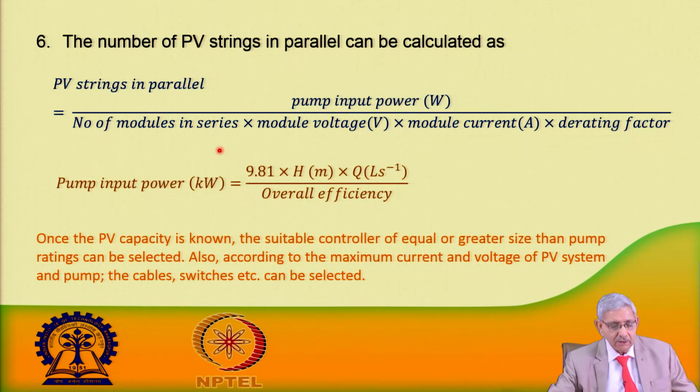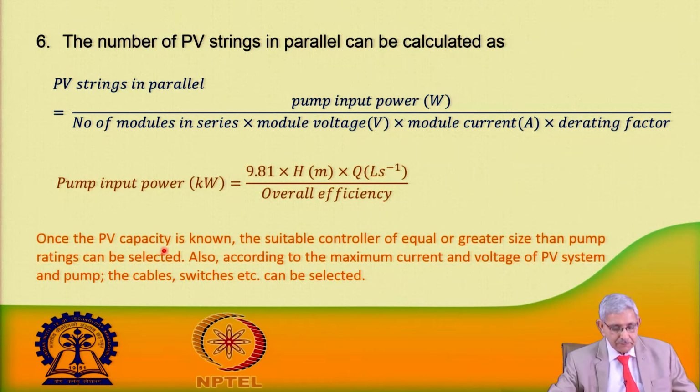So, one can find the number of strings in parallel, and then the power input in kilowatt can be given by this expression, which we also gave you when we were designing the sprinkler system: 9.8 multiplied by the total head in meter, and then the discharge in liter per second, divided by the overall efficiency.